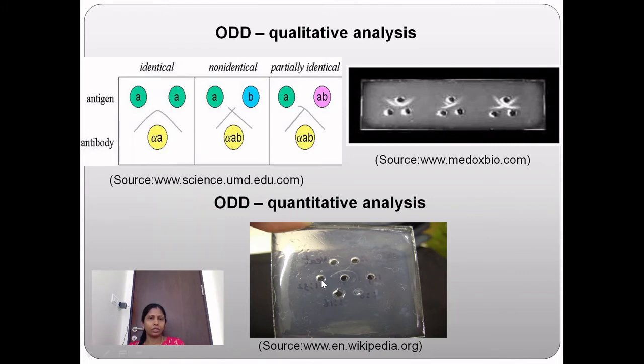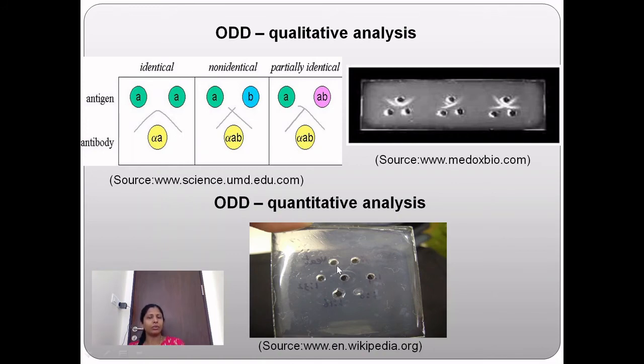Known concentrations of antigens are loaded in some of these wells, and we can also load unknown samples in which we don't know the concentration of the antigen. This gel is incubated overnight, during which diffusion of the antigens and antibodies takes place. At a point where the antigens and antibodies reach equivalence, they undergo precipitation, giving rise to white precipitin lines.